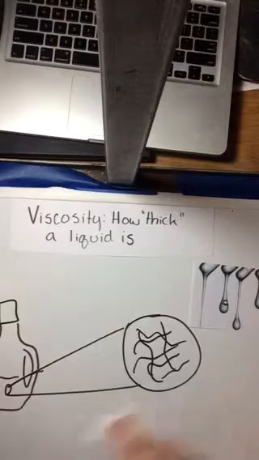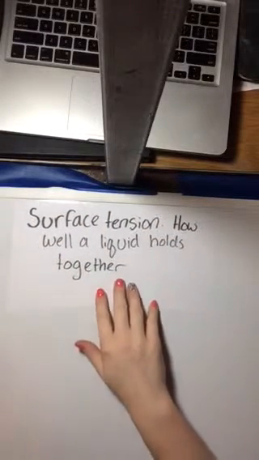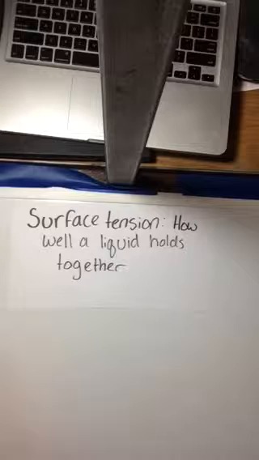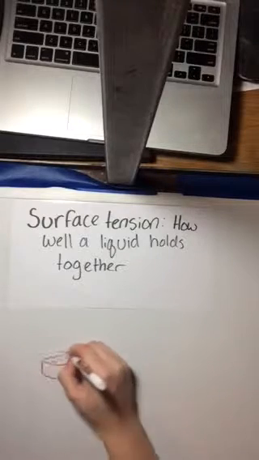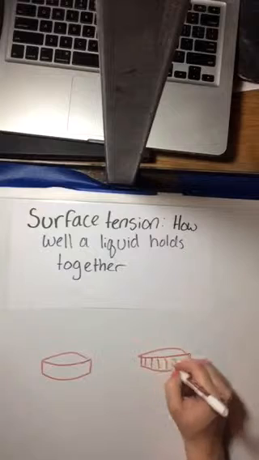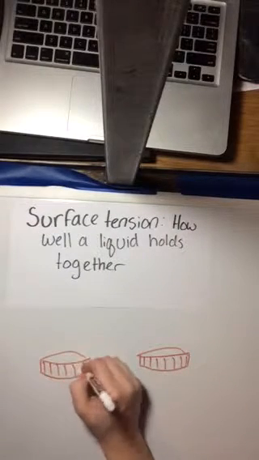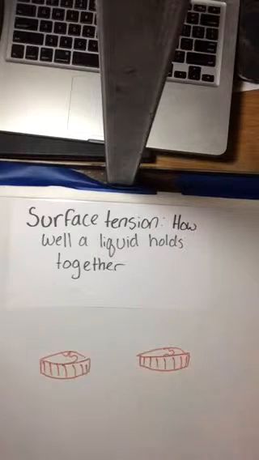The next one is surface tension. The surface tension is just how well a liquid holds itself together. And a test that we commonly do for this one is the penny test. A penny.